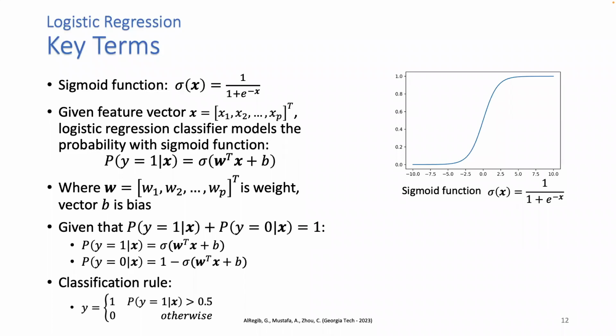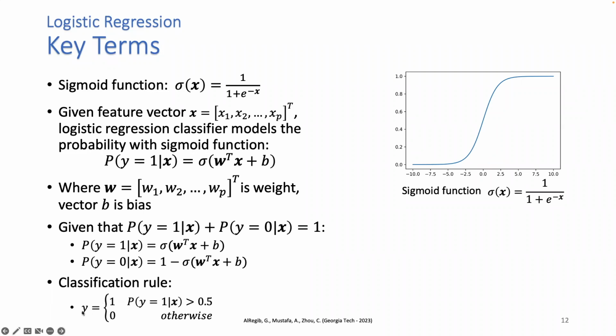Later on, we'll talk about when the output is 1 or -1, which is a different problem. So for now, it's 1 or 0, the binary classification. So in that case, the probability of y equal to 1 given x is a sigmoid, and the probability of y equal to 0 given x is 1 minus that sigmoid, right? That's basically what the modeling will look like.